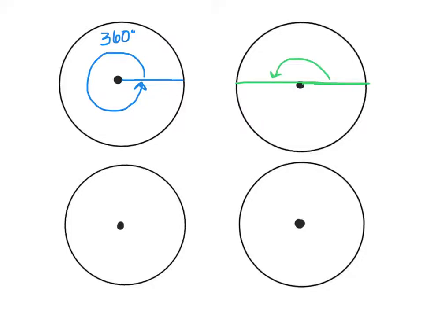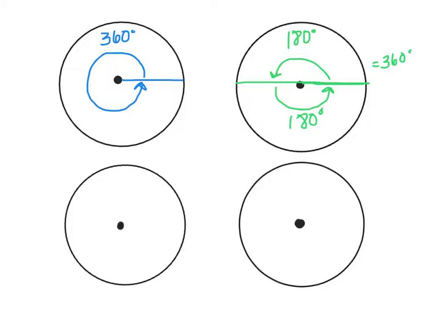We learned in our last video that a half circle or a straight angle measures 180 degrees. Now the other side will also measure 180 degrees. And 180 plus 180 equals 360 degrees.